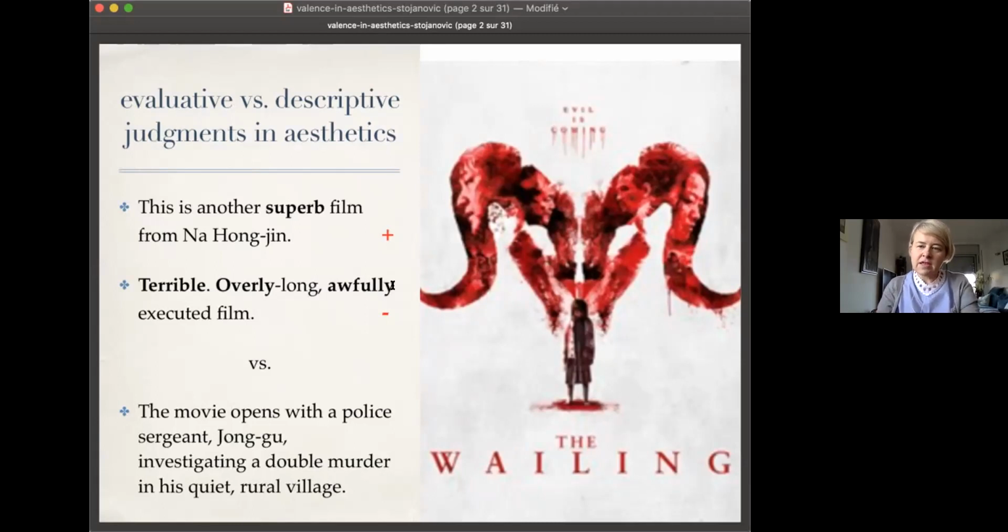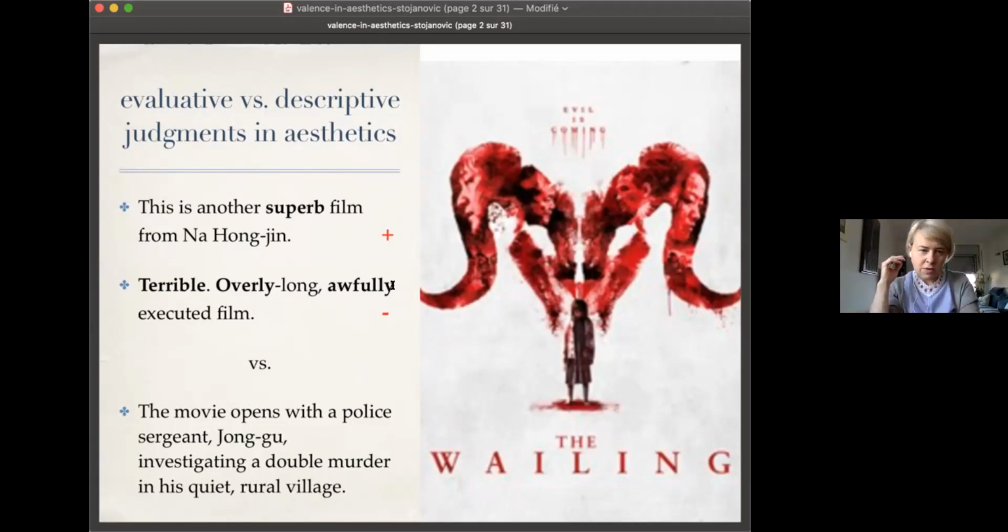So this set of examples nicely illustrates this distinction between evaluative and descriptive. When you say that the movie opens in a certain way, it is a pure description of the movie. There is no evaluation going on. You're not saying anything positive or negative about the movie.